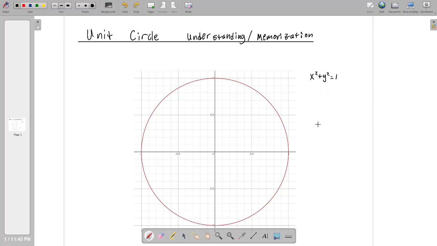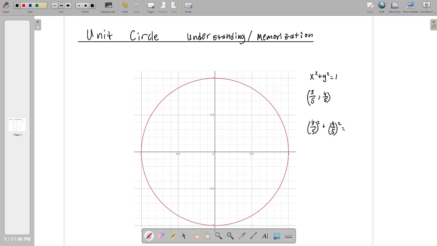Other points won't be ones that we actually use most often, but they are still points on the unit circle. For instance, (3/5, 4/5). This point is on the unit circle. I plug in 3/5 for x, I get 3/5 squared. 4/5 for y, I get 4/5 squared.